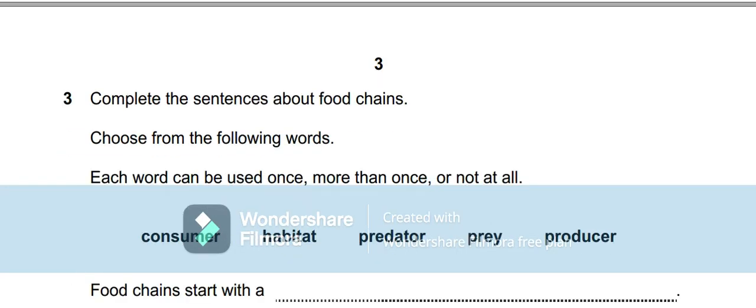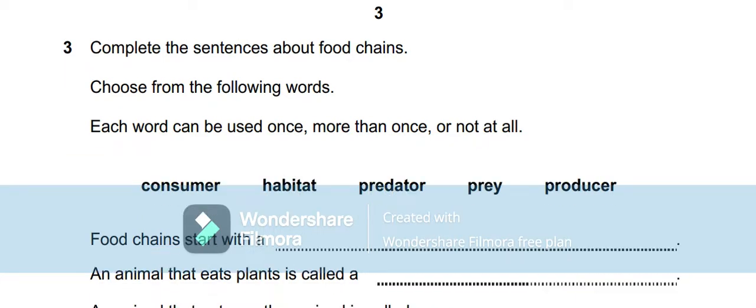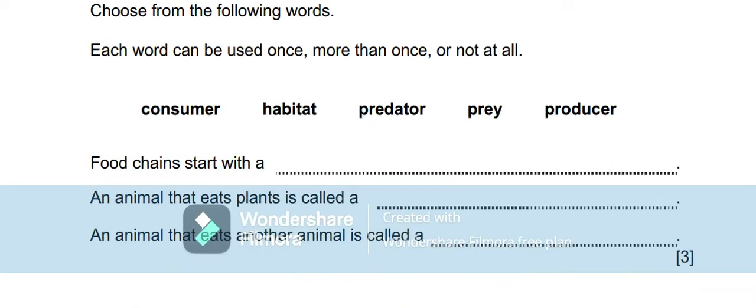That is number 3, which is saying complete the sentences about food chains. Choose from the following words. Each word can be used once, more than once, or not at all. The first statement is saying food chains start with a dash.